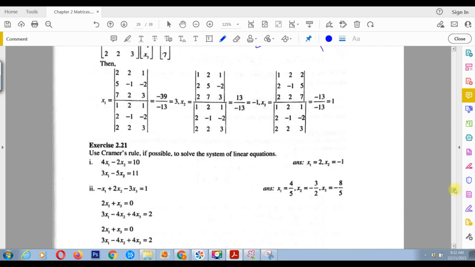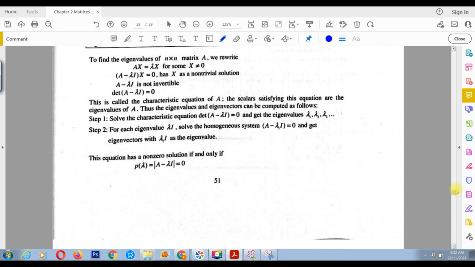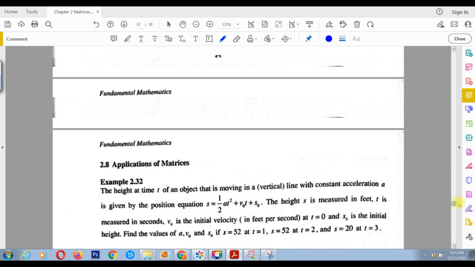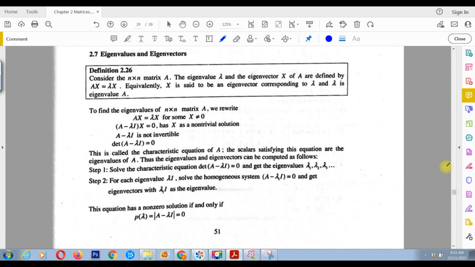Okay, now next is eigenvalue, eigenvectors. It's almost finished. Alright. What is eigenvalue and eigenvector? What is eigenvalue?